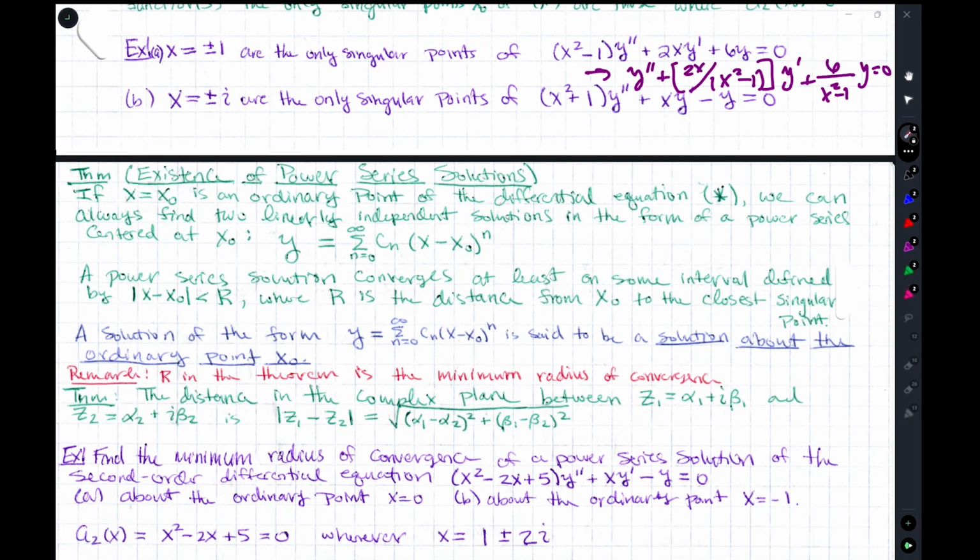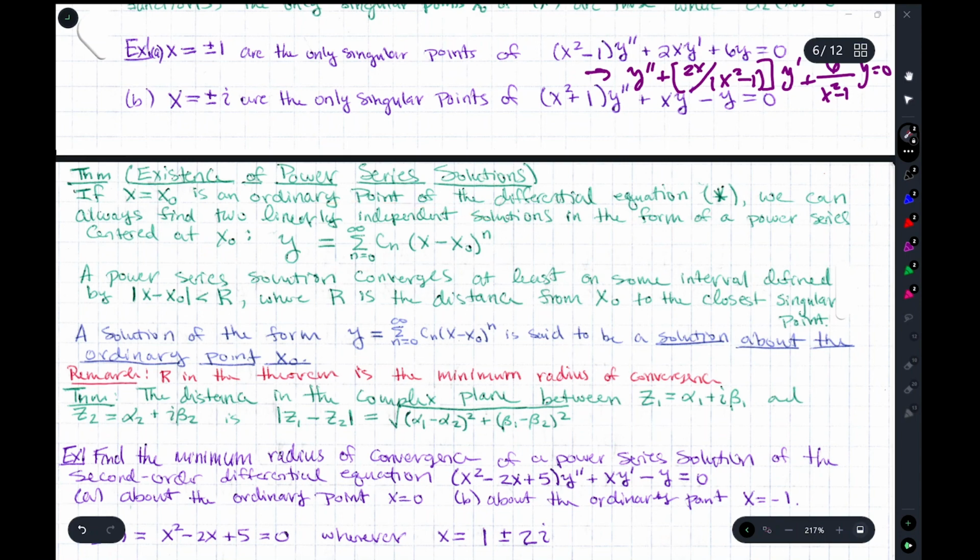You can get a larger one, but this theorem guarantees at least that if you look at the distance between the ordinary point that you're going to do your expansion from, the center of your power series, to the closest singular point in the complex plane, then within that distance you're guaranteed to have two linearly independent solutions of this form.